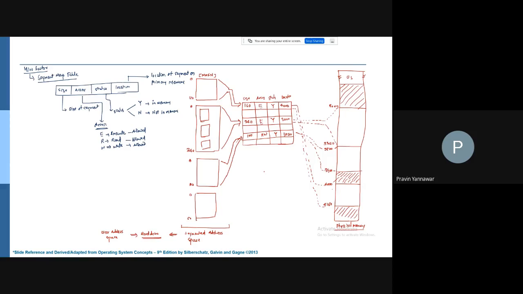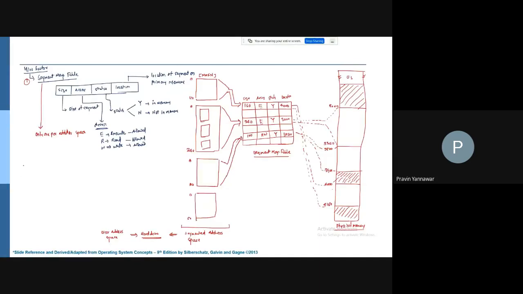This is going to be your segment map table. You have only one map table in the system. As far as hardware is required, the segment map table is used, and it is only one per address space.